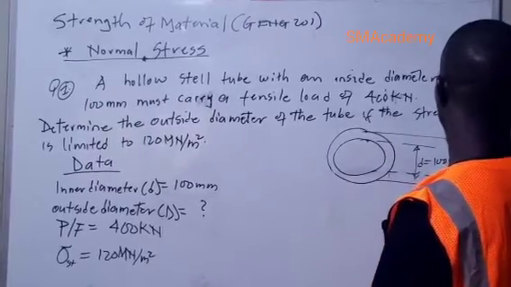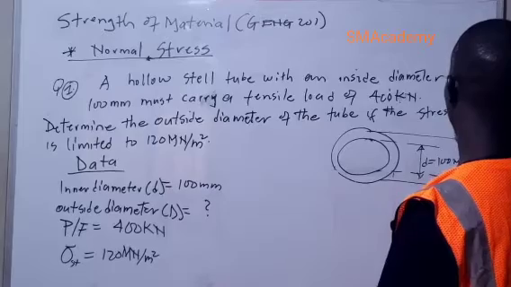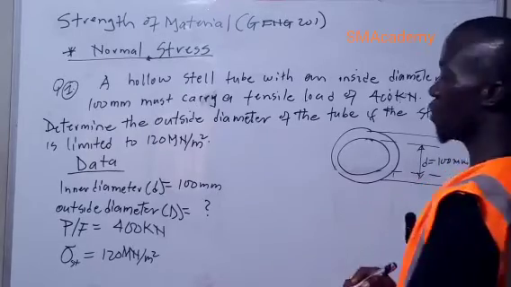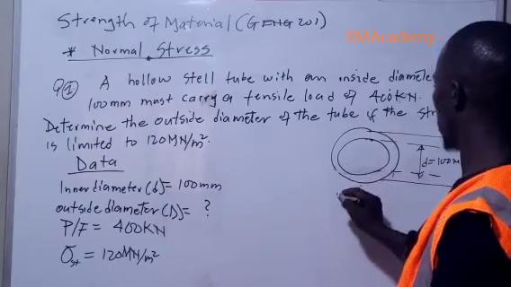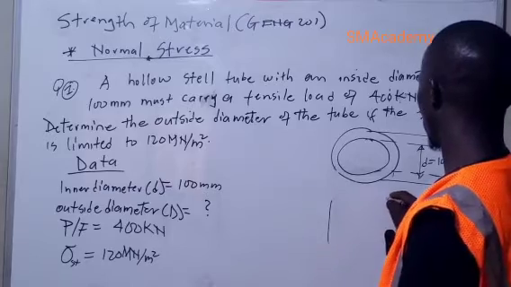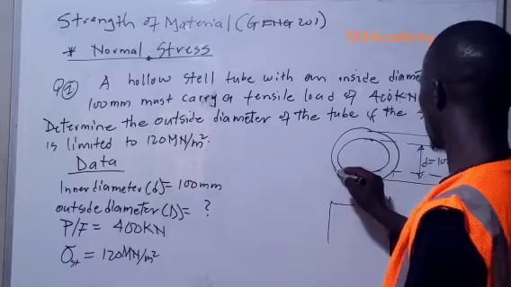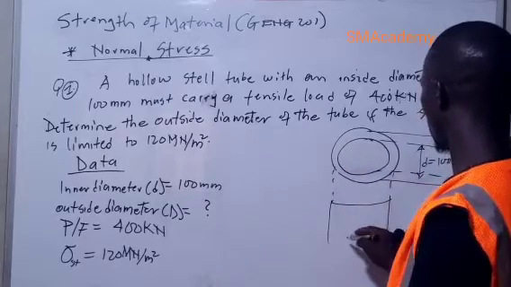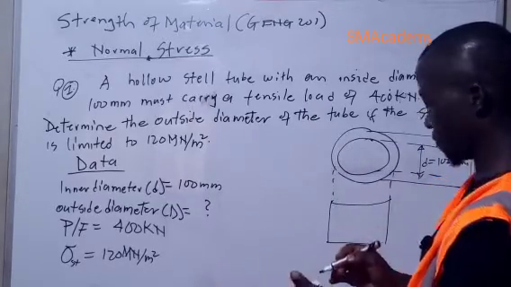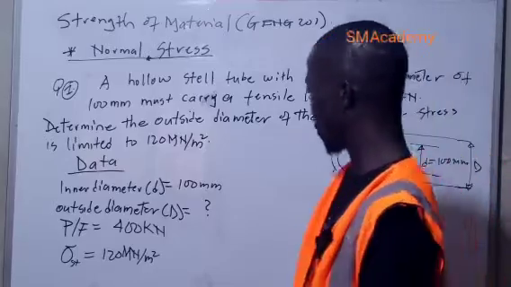And this is the outer diameter, represented by capital D, and this is the hollow steel.